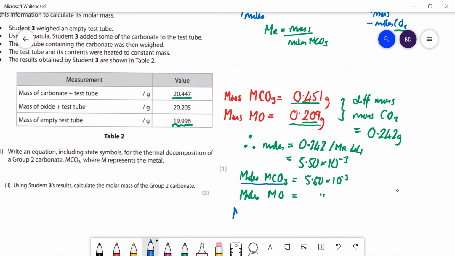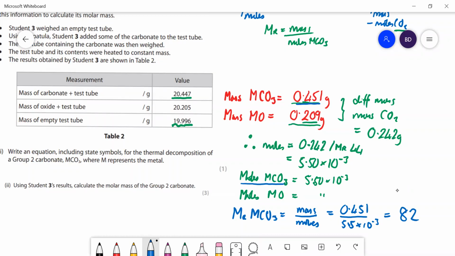So MR of the carbonate is equal to mass divided by the number of moles. What was the mass of the carbonate we had? It was 0.451. And divide by 5.5 times 10 to the minus 3. And that gives us an answer of 82.